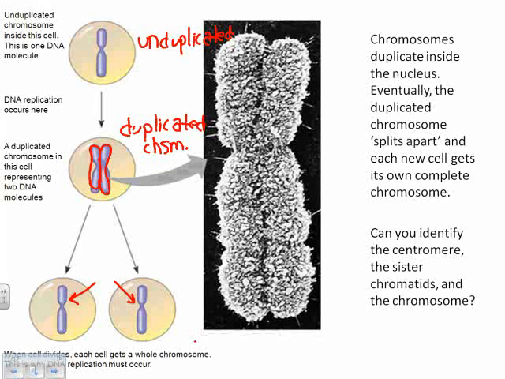So I love this photograph. It's a real chromosome taken probably with an electron microscope. But is that chromosome in the duplicated or unduplicated state? Can you tell? Well, as this big arrow implies, it's existing in the duplicated state. We can clearly see the 2 chromatids.